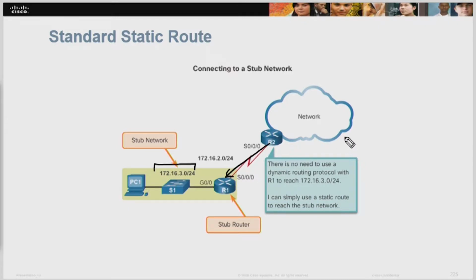And I could do that for each of the remote networks that I have, do a static route out to each remote network if I wanted to. And that would work perfectly fine. Again, maybe the dynamic routing protocols could be more efficient, especially in an environment where you're adding or deleting networks. But certainly a static would work for us here.